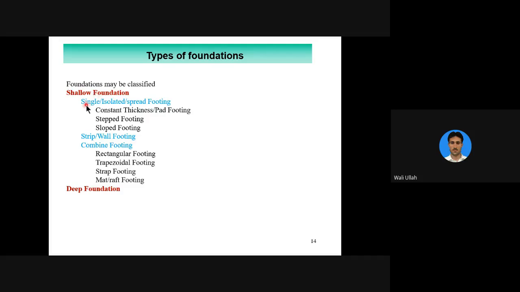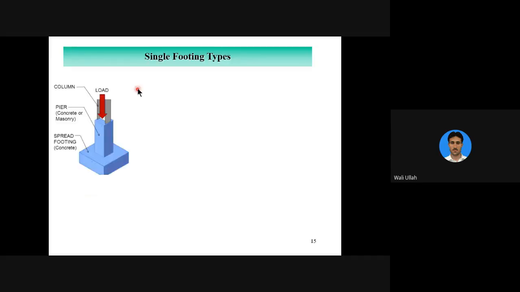So the first is the single, isolated or spread footing. Single footing or isolated footing or column footing is provided under a column. This is a column, right? This is a steel W section, but it could be concrete.